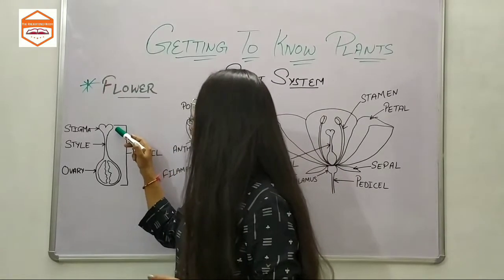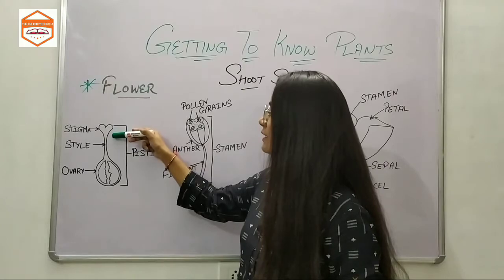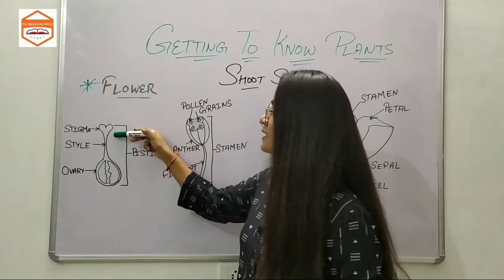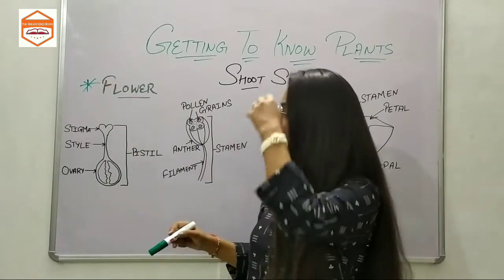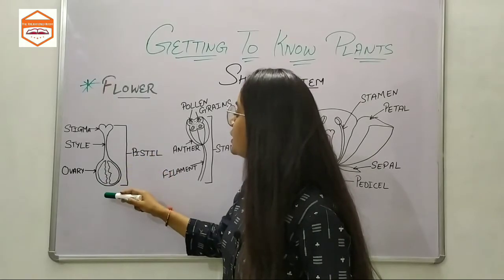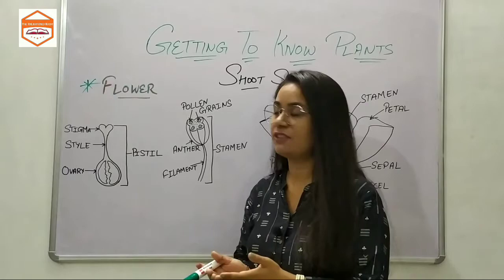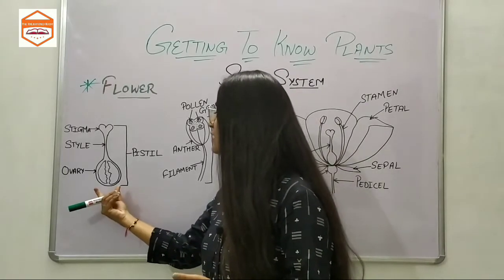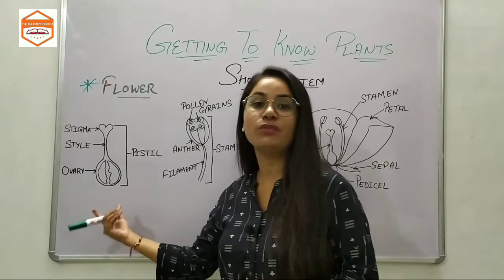At the top it is known as the stigma, and when we go down after the stigma, we get a tube-like or pipe-like structure, known as the style. On the bottom it takes the shape of a flask, and the bottom of the flask contains the ovary, which contains ovules.